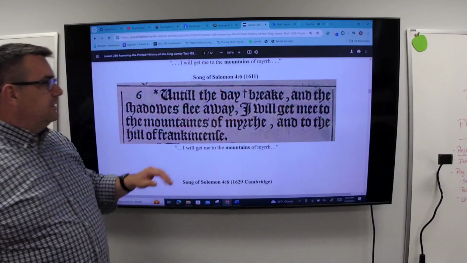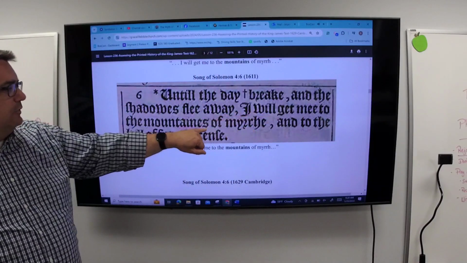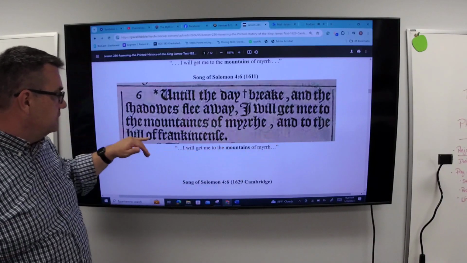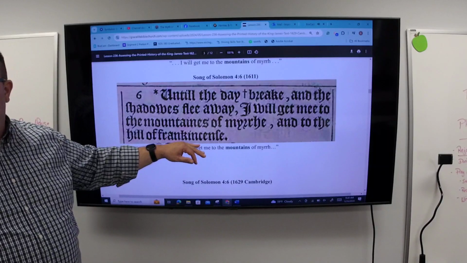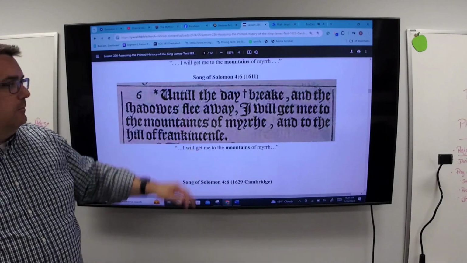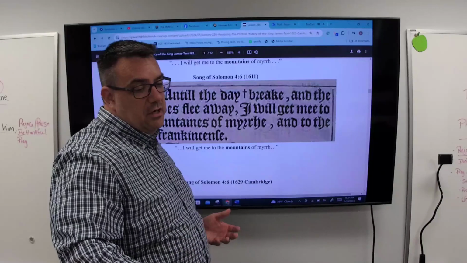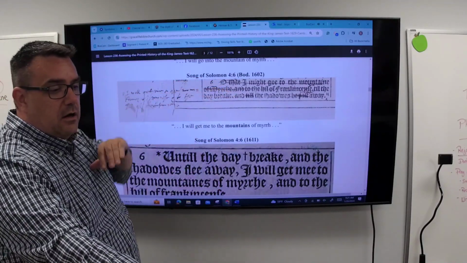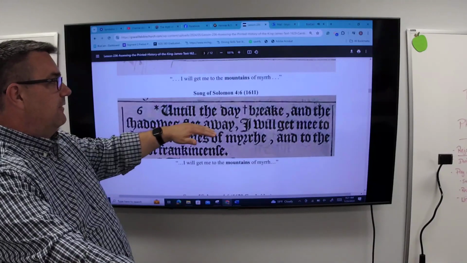Here's the verse in the 1611. I will get me to the mountains, plural of what? Myrrh, and to the hill, singular of what? Frankincense. Okay? So the suggestion here is that the annotations made to Bod, are they accepted into the 1611?